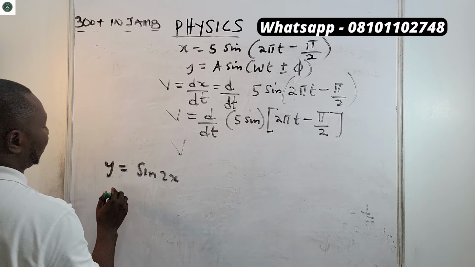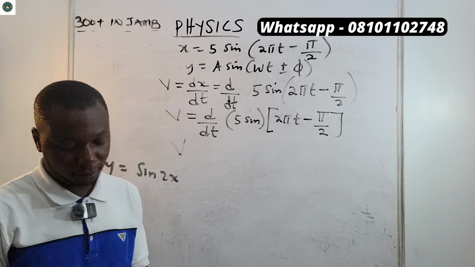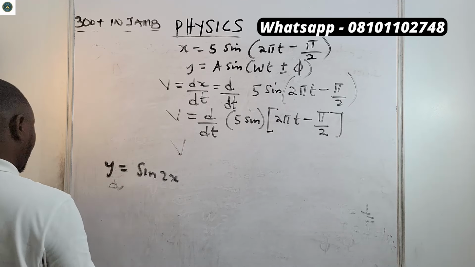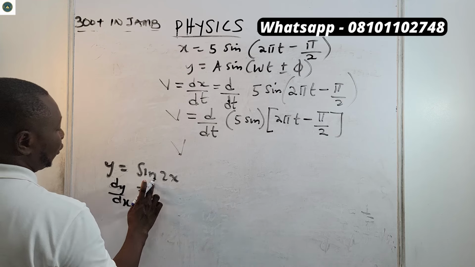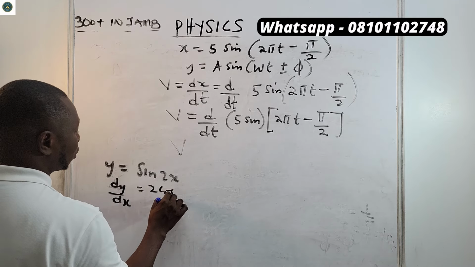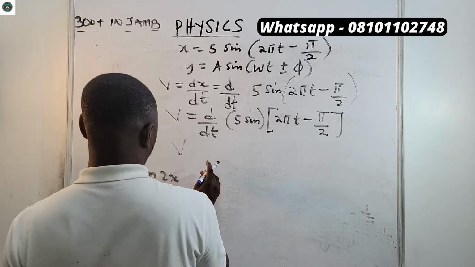If I differentiate this, I'll have dy/dx. If you differentiate sine, you have cos. So I'll have 2 cos 2x.